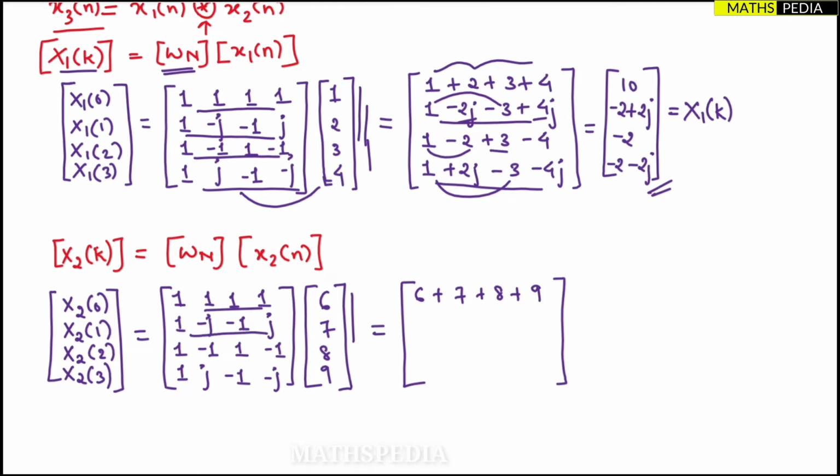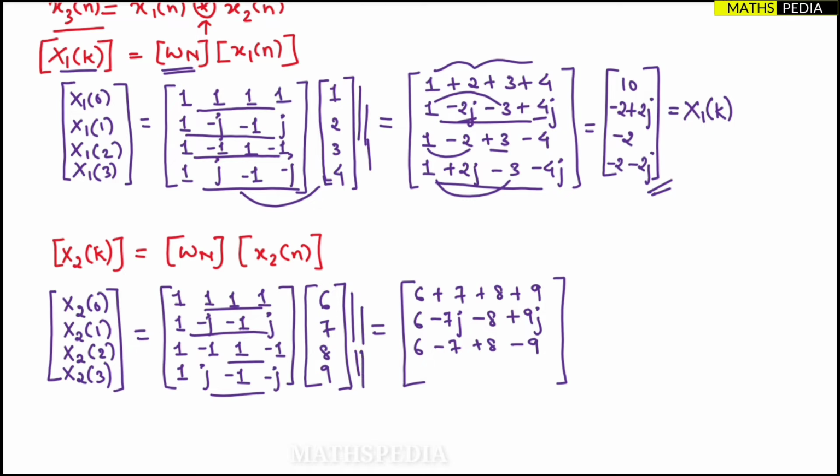Next, second row into this column, this will be 6 minus 7j minus 8 plus 9j. Next one, third row into this, so 6 minus 7 plus 8 minus 9. The fourth row into this column, so 6 plus 7j minus 8 minus 9j. So let us solve this one.